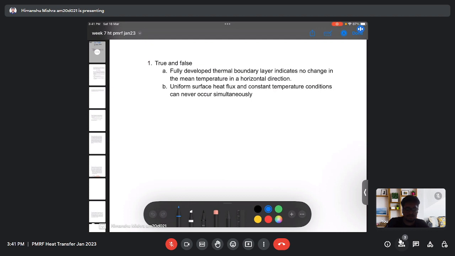Any comment on this? Statement A. The fully developed thermal boundary layer indicates no change in the mean temperature in a horizontal direction.